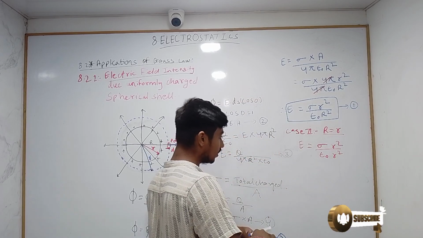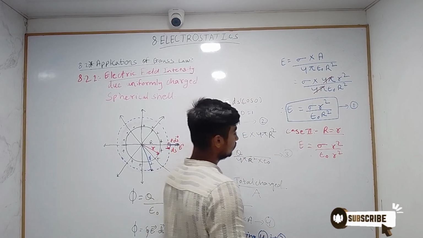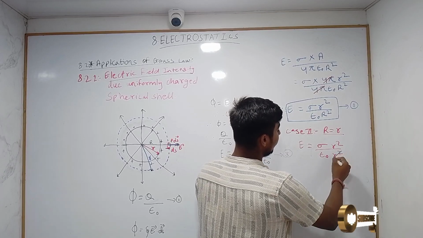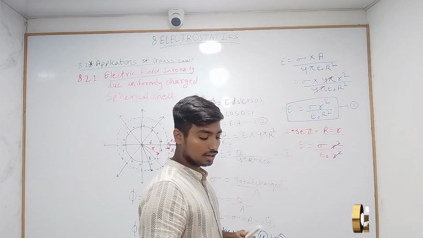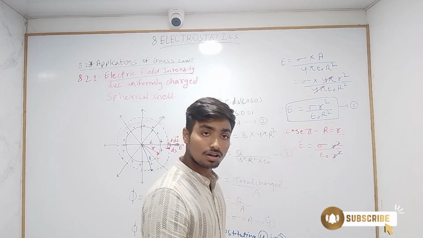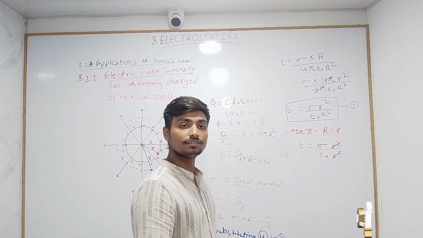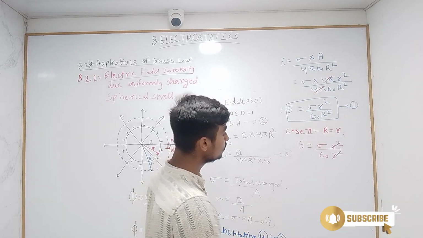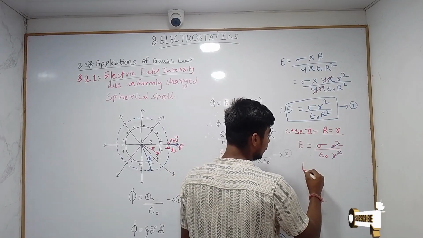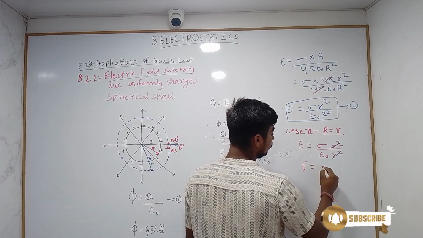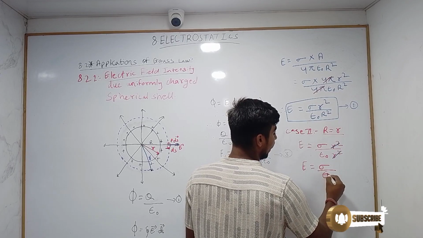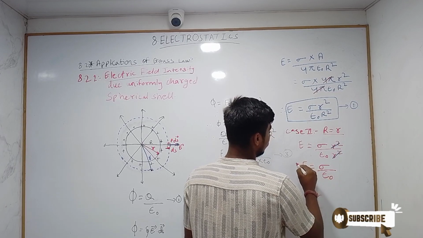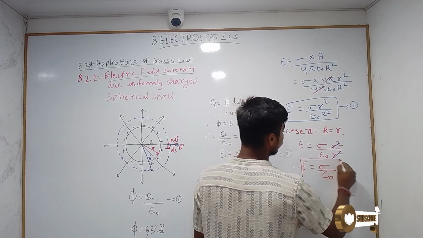Now we can cancel both the r. So the electric field intensity in the case when the point is on the imaginary Gaussian surface is equal to the point on the sphere. So E will be equal to sigma, that is surface charge density, upon epsilon naught. This is our case 2.